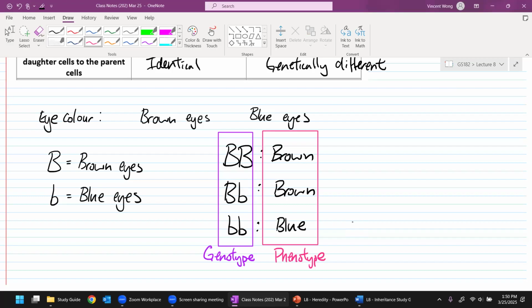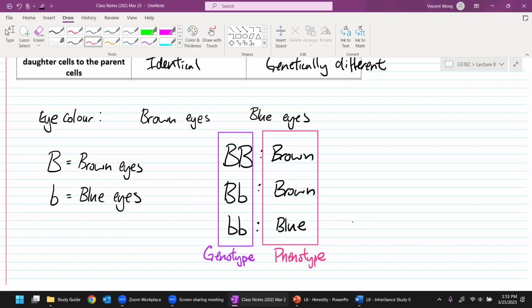In fact, the only way for something to have the recessive appearance is if they are pure. If they don't have the pure genotype, then that means a big B is there, and the big B will always cover up the small b. Here's the second point that's important.